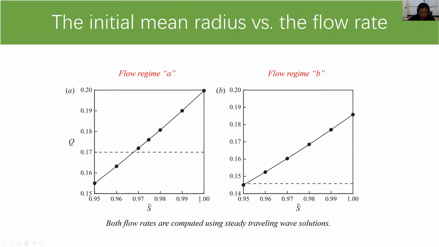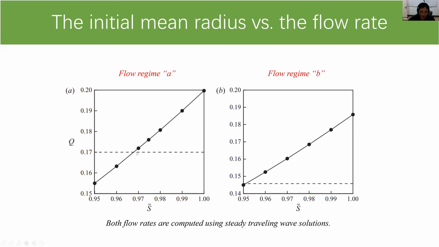For example, if we choose the initial mean radius to be 1, the final dimensionless flow rate will be around 0.2, which is higher than the experimental one, the dash line.